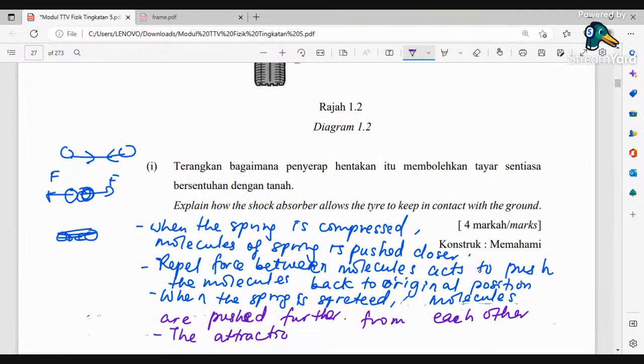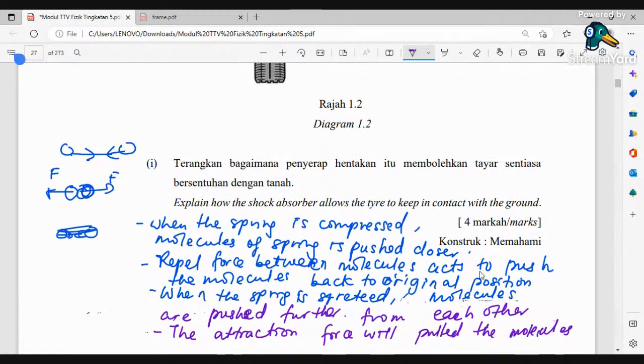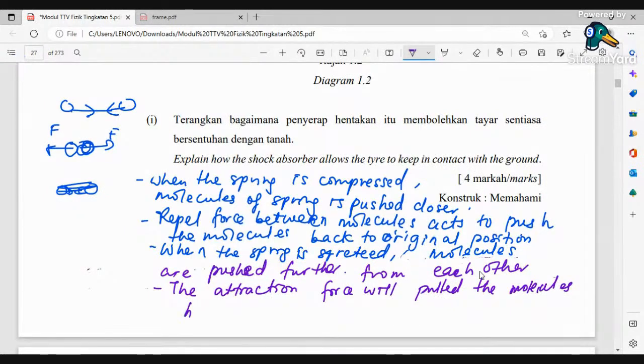They will pull the molecules back to original position.